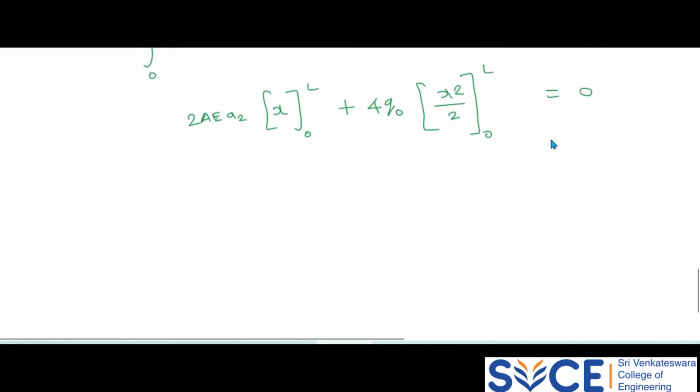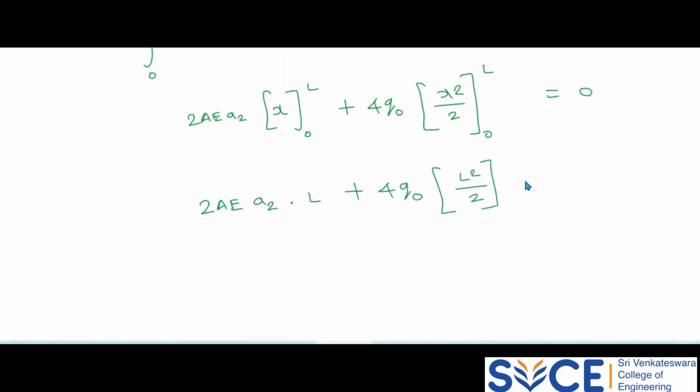Substituting, I get 2ae a2 into L, the lower limit term being 0, plus 4 q naught L square by 2, equal to 0.